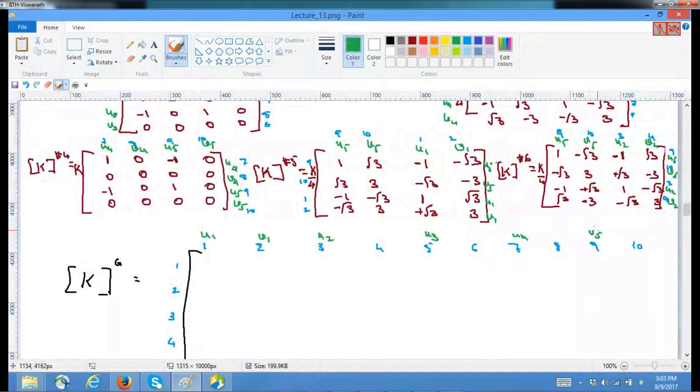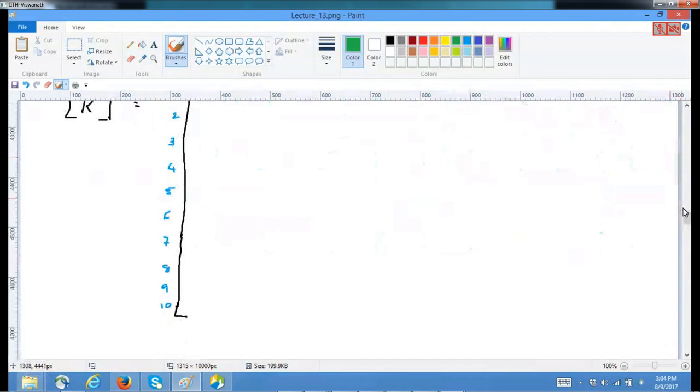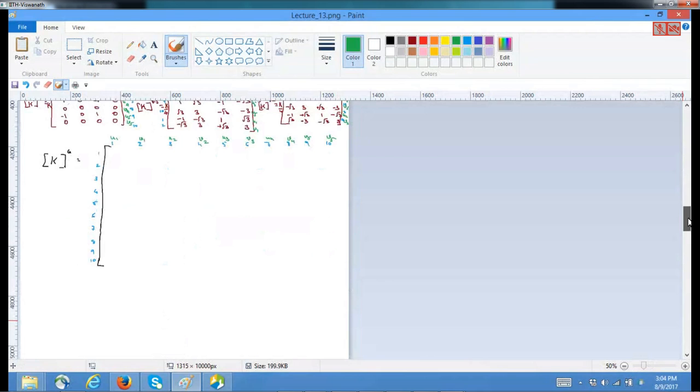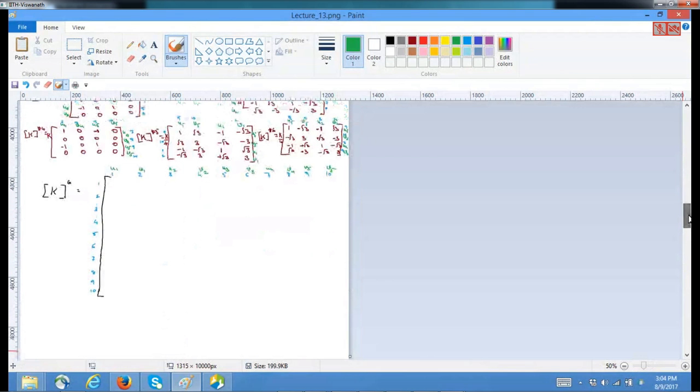So this is the u displacement, and similarly the odd numbers are u's and the even numbers are for the v's. So corresponding to those entries, we need to fill it up and try to write the solution. So let me just unzoom it, so that we can easily write it in one go.